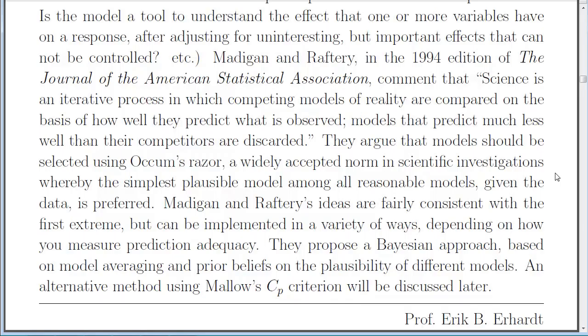Okay, great. So their ideas are fairly consistent with the first extreme, to only keep variables that are significant, but can be implemented in a variety of ways depending on how you measure prediction accuracy.